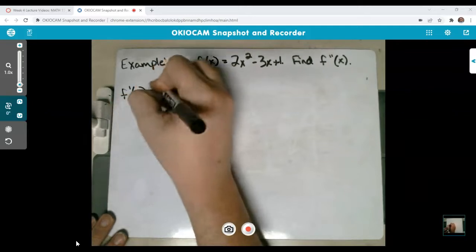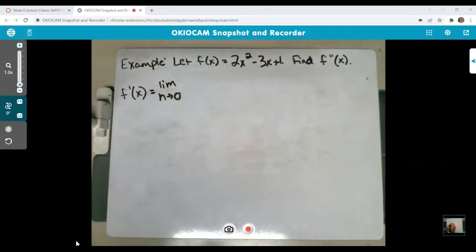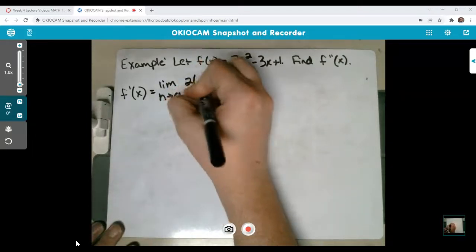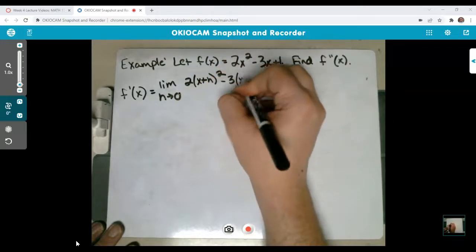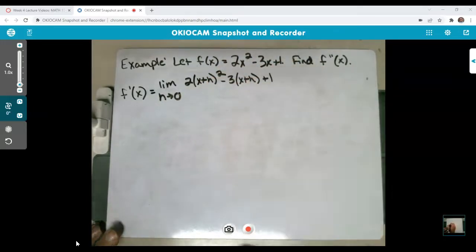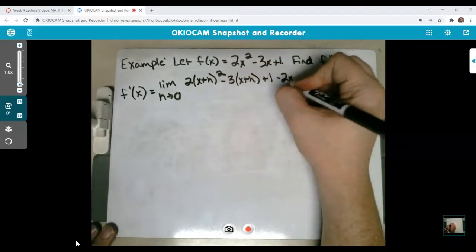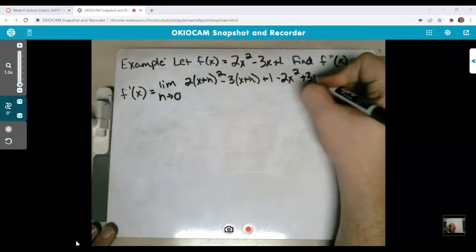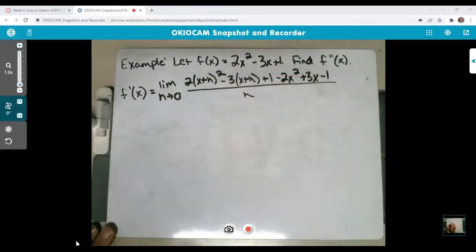So we know that's going to be the limit as h approaches 0. We start with f of x plus h, so that's going to be 2 times x plus h squared minus 3 times x plus h plus 1, and then minus f of x, so minus 2x squared plus 3x minus 1, all over h.